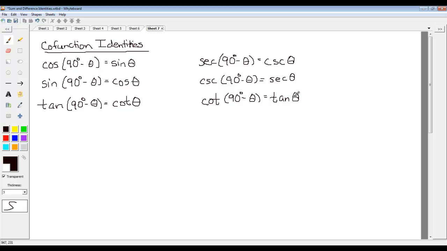Like you might be asked something such as, find the smallest positive theta that makes this true: secant theta equals cosecant of 62 degrees.